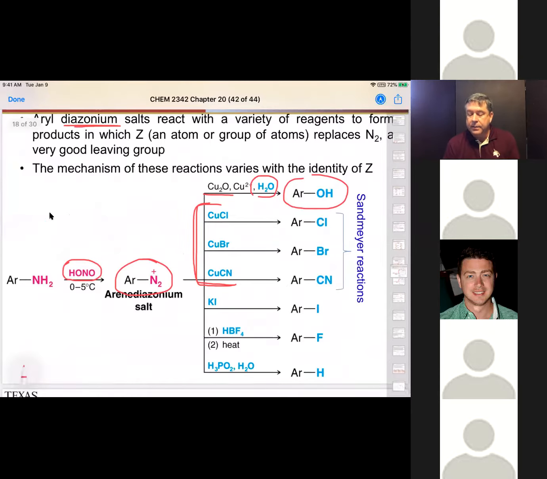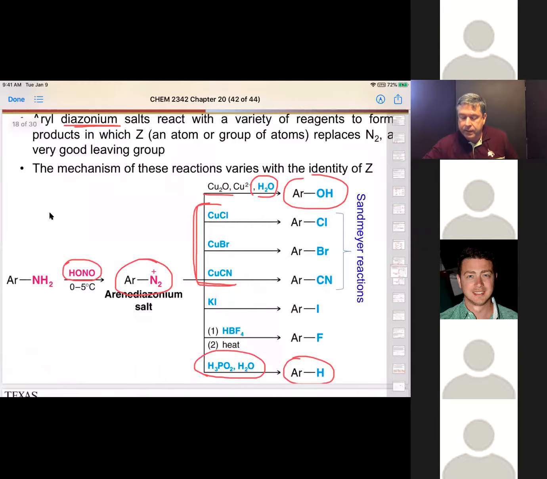So because we can take that amine off and put a hydrogen in its place, we need to start thinking about, oh, we can use that amine as a protecting group to protect a location and then regenerate our hydrogen at the end of a multi-step synthesis. So that's one of the benefits of these diazonium salts. We can put a lot of different groups there exactly where we want them. So let's go into that in a little more detail on the next slide here.